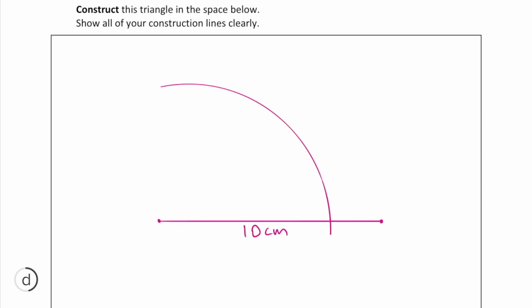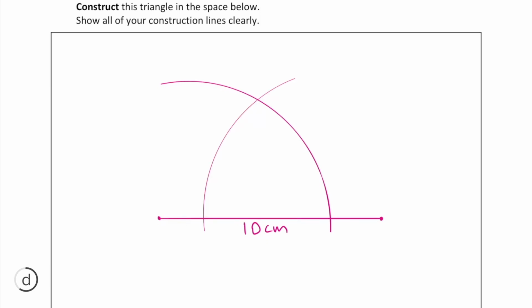Next, set your compass to 8 centimeters and swing an arc from the left point of the base. Repeat this with the right point of the base, and the point at which the two arcs cross is the other vertex of the triangle. So connect both ends of the base to this point and you'll end up with your triangle. Mine is only very rough, so yours should be a lot more accurate.